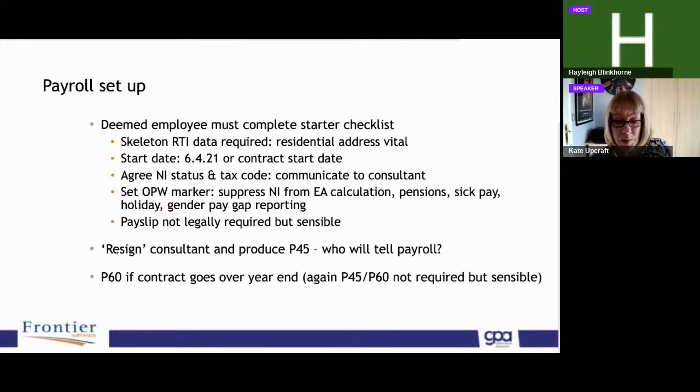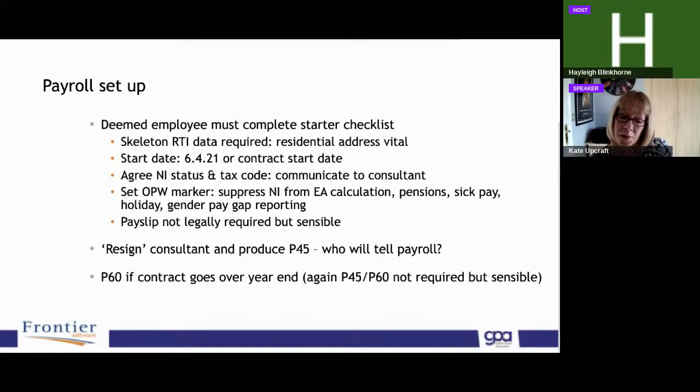It's not an allowable recovery, and that the individual doesn't get any pension rights, any sick pay, holiday pay, and is not included in gender pay gap reporting, because although these are people who are being added to RTI, they're not full employees from an employment rights perspective, so they don't get any of the good obligations, they just get to pay tax and NI.